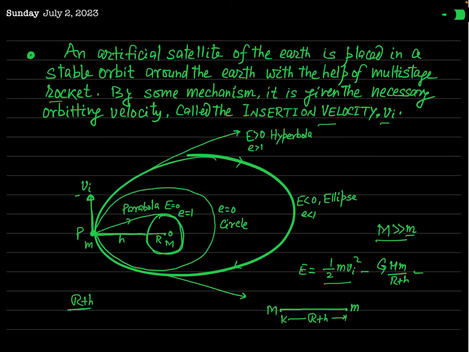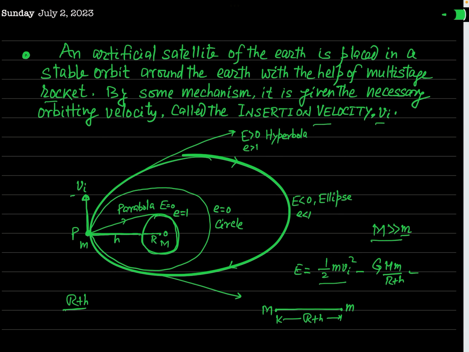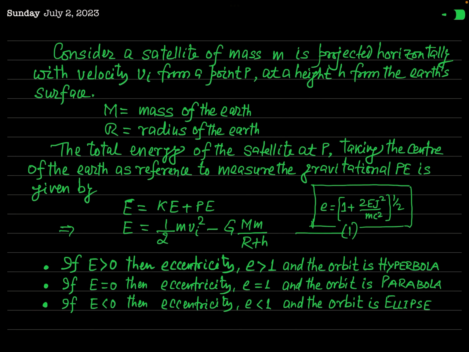So actually I have made this calculation. You can see it here: a satellite of mass m is projected horizontally with velocity v_i from a point P at a height h from the earth's surface. We have assumed that capital M is the mass of the earth and R is the radius of the earth.